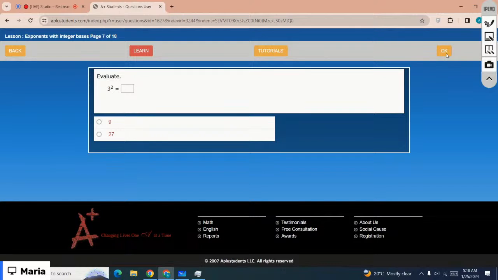3 square equals, the correct option is 9. 3 square equals 9.